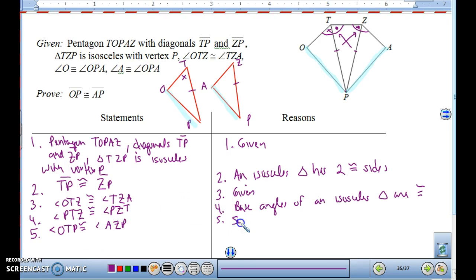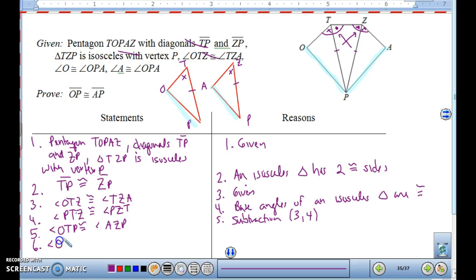And that's using subtraction on statements 3 and 4. I took this minus this, and got these two angles. So I now have these two angles right here are congruent. So I've used this given, used this given, and now we're down to our next given.